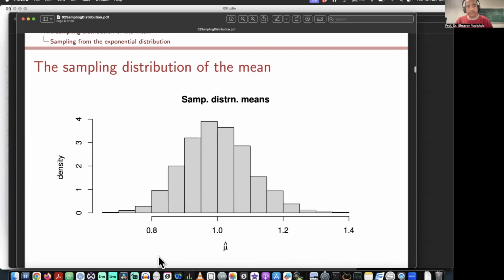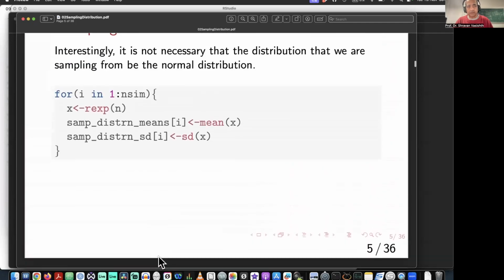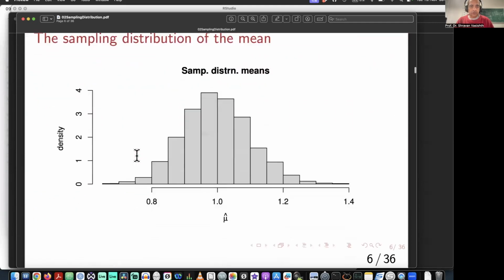So really, it turns out that it doesn't matter which distribution you're sampling from. It can be an exponential, it can be a gamma, it can be a log normal, it can be basically any distribution. And what will happen is that the distribution of the means under repeated sampling will always be normal.